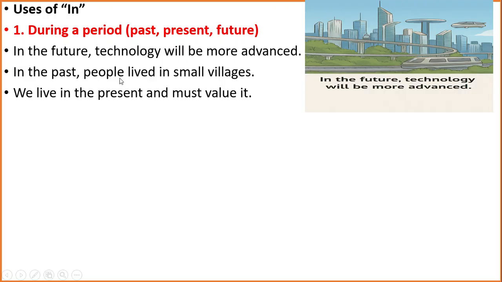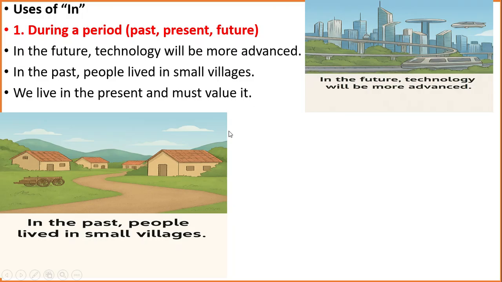Now, in the past, people lived in a small village. Look at the picture here. We are talking about the past. This is the picture of a small village where many years ago people used to live.